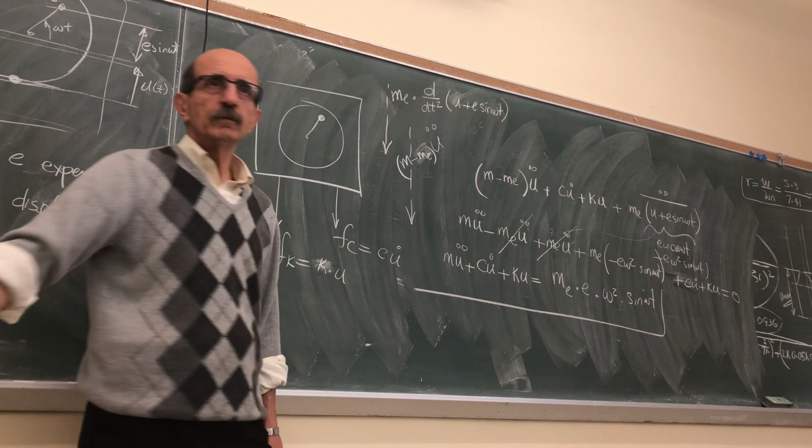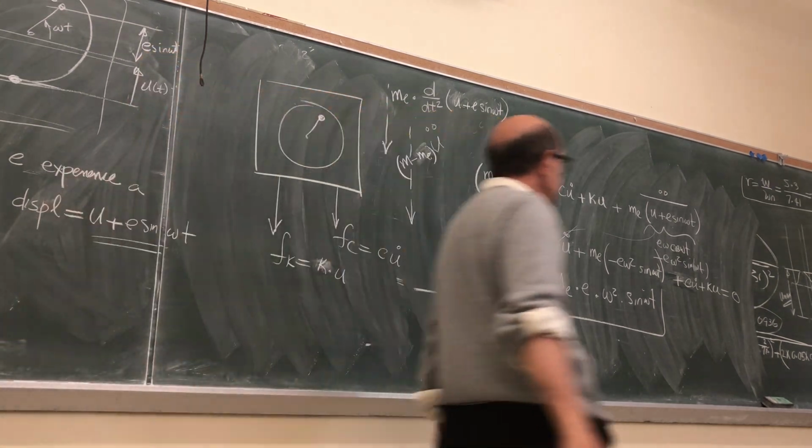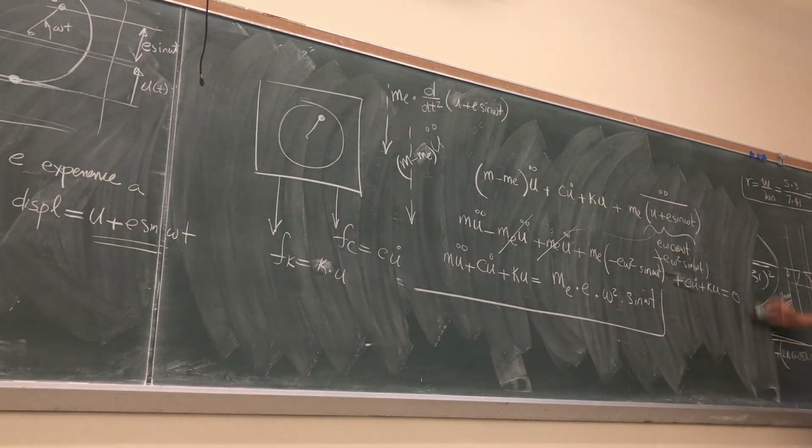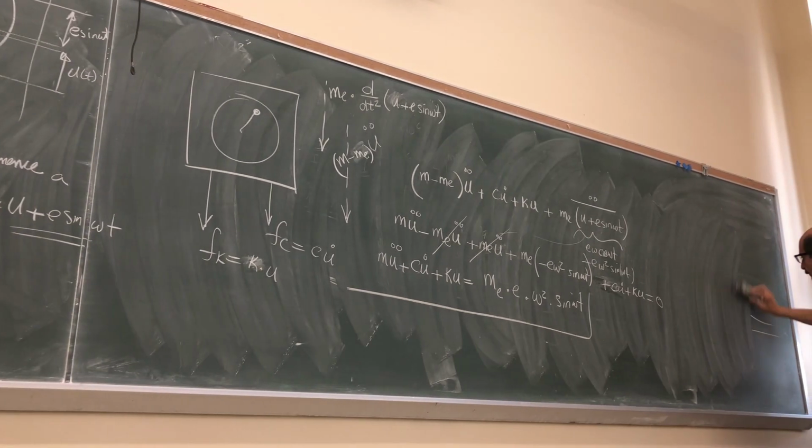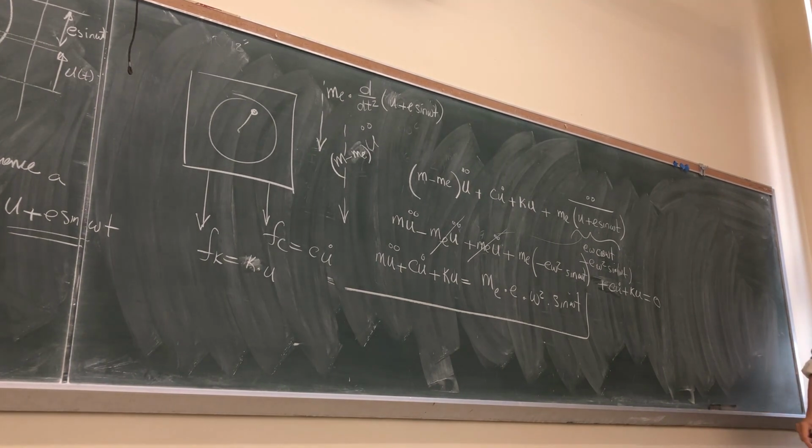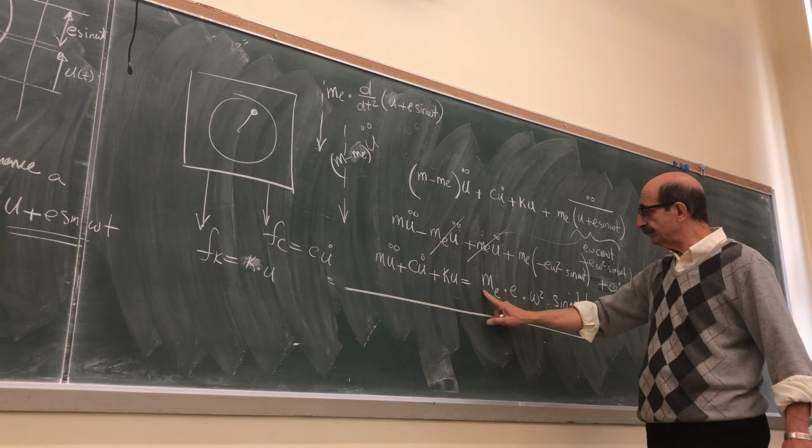This is the equation of motion for the rotating unbalance. Now let's see what we observe here, which is quite interesting. If you look at this equation, these are constants, right?